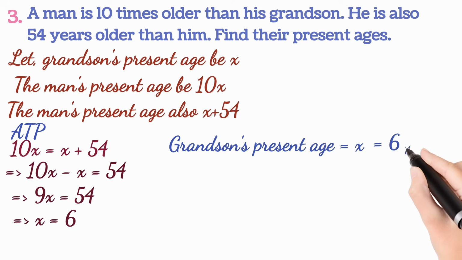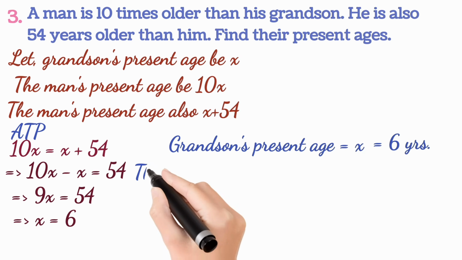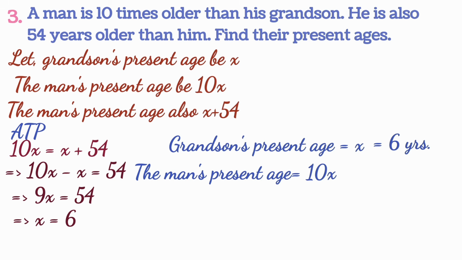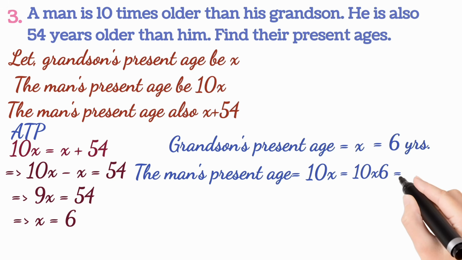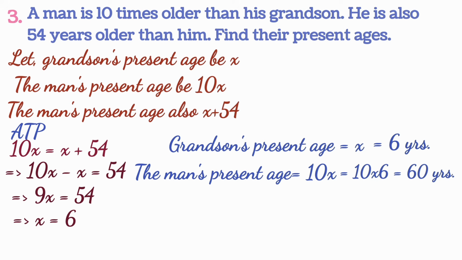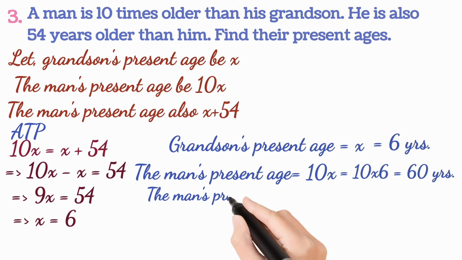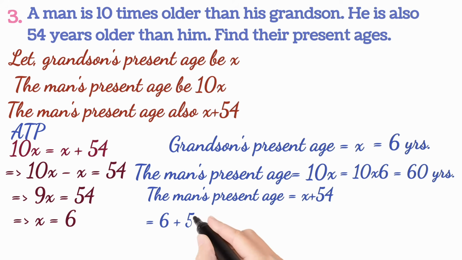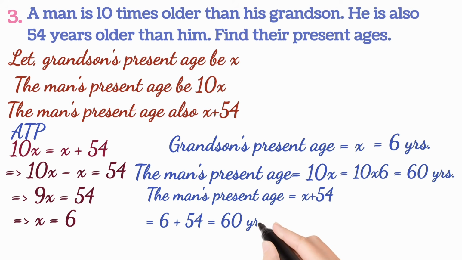Then we can find the ages easily. The grandson's present age is x, that means 6 years, and the man's present age is 10x, so 10 into 6 means 60 years. You can check the second one also: the man's present age is x plus 54, so 6 plus 54 equals 60 years. Any one way you can write; it is not that you will do both ways.